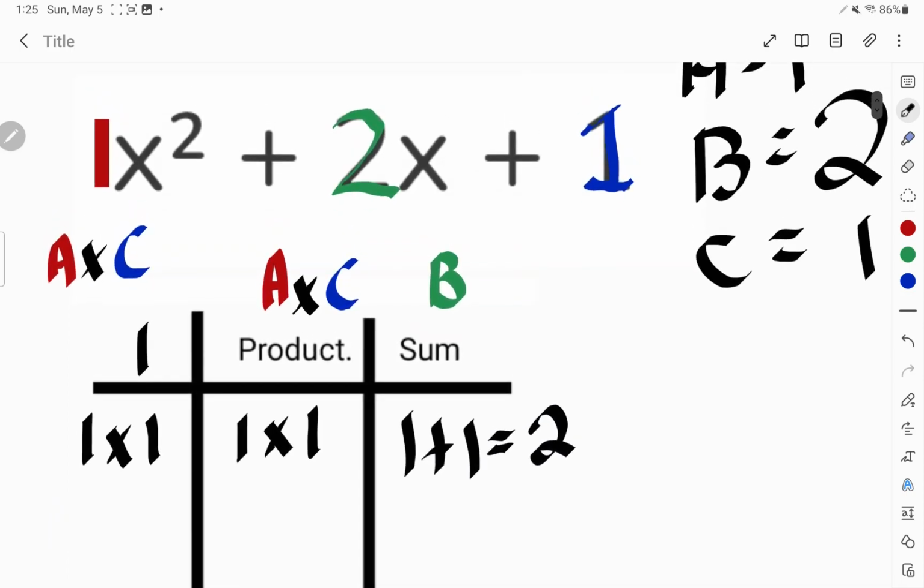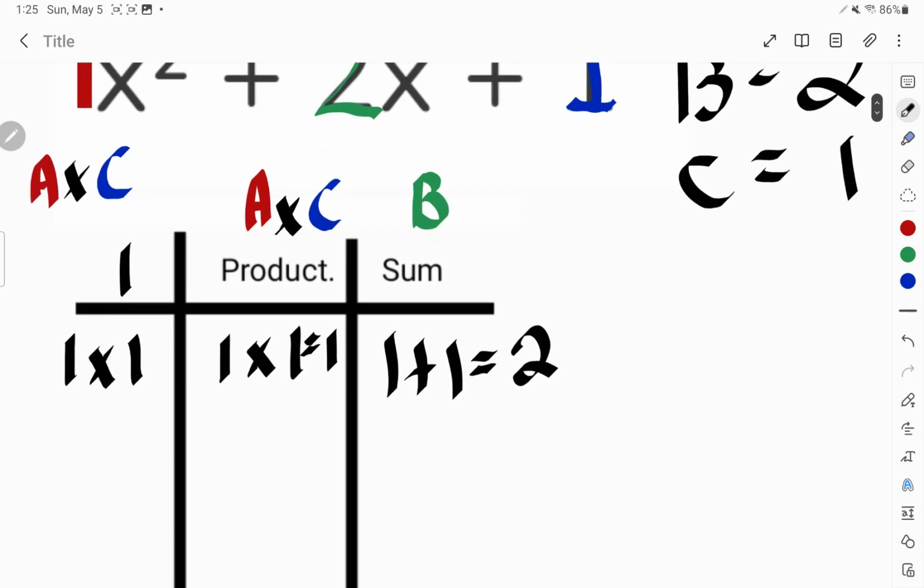So is that true? Those are my two rules. I need two numbers that, if I multiply them, give me A times C, which in this case is 1, which is true, right? We get 1. And then we need two numbers that, if I add them, give me 2. So this one applies for both of them. So I know that my factors are both 1 and 1.